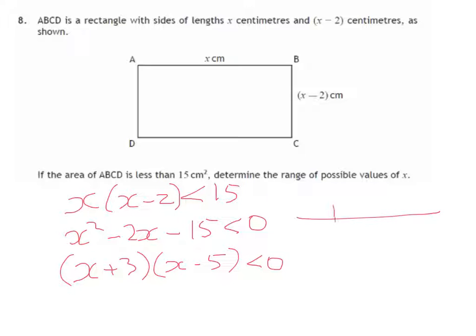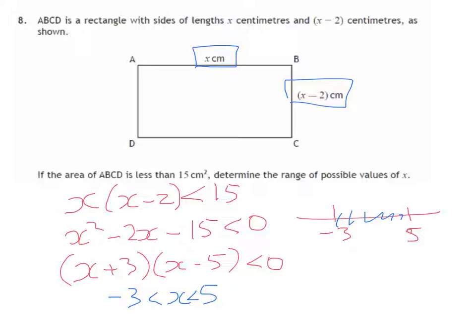So looking at a number line, that means that I want values of x that are in here. So negative 3 and 5 are giving me my limits of x. But there's a problem with that. My side lengths are x and x minus 2, and I can't have a negative length. So the solution is not negative 3 is less than x is less than 5.